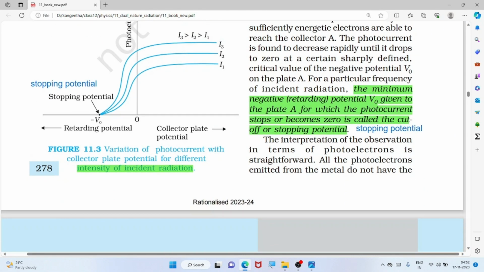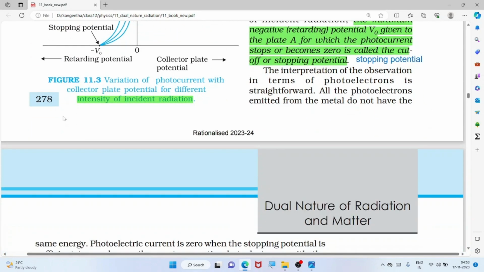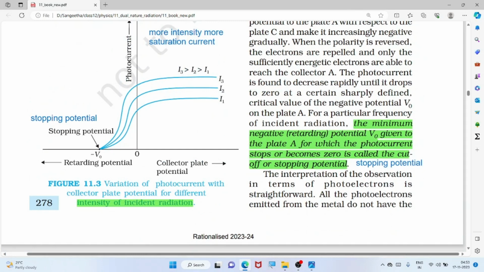The minimum negative potential given to the plate for which the photoelectric current stops, because all the electrons get repelled, so the current stops. That is your stopping potential. This is for the different intensities.